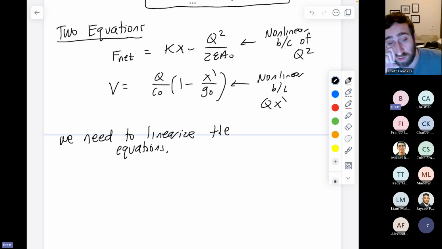We need to linearize the equations, which will involve saying that our Q is some initial Q plus deviations and our X is some initial X plus deviations, and we'll go ahead and do some math to get rid of any small quantities ultimately. And I have this all in the notes.